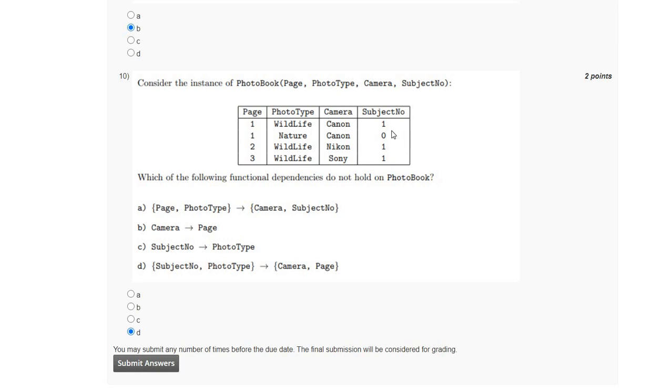For this 1 and wildlife, we get the page as 1 and camera as Canon. But similarly for the subject number 1 and wildlife, we get a different page, which is 2, and camera is Nikon. So we are saying that for the same subject number and photo type, we are getting different pages and cameras. So for 10, option D is the answer.